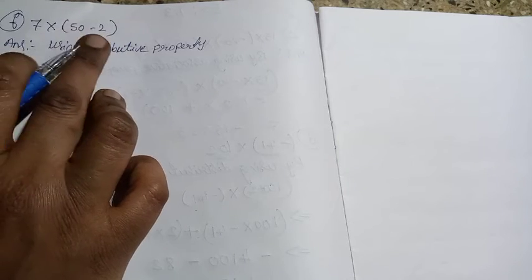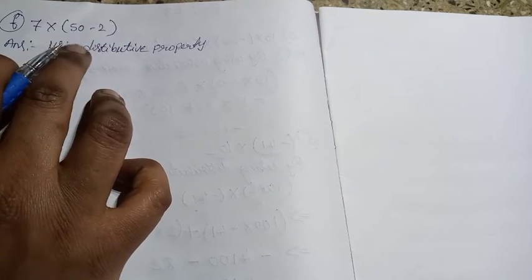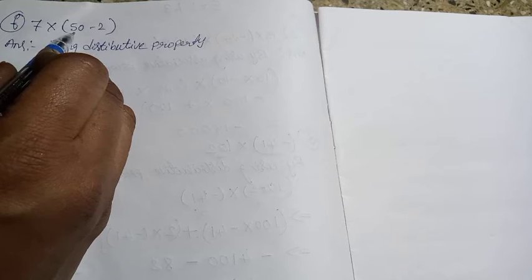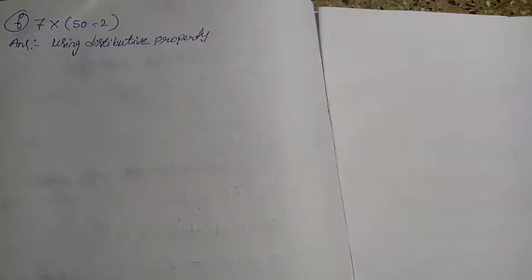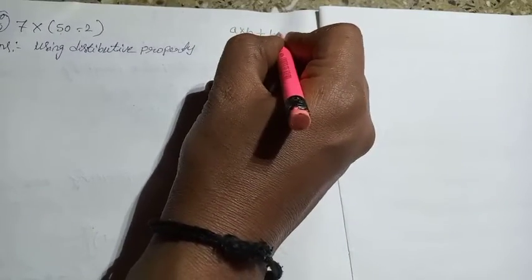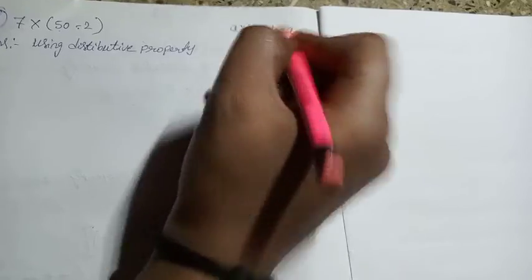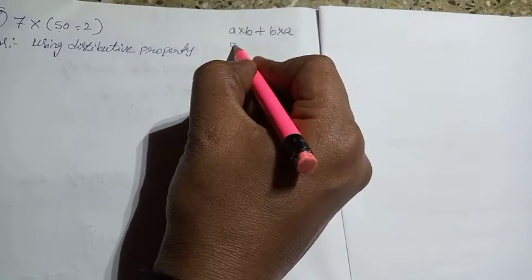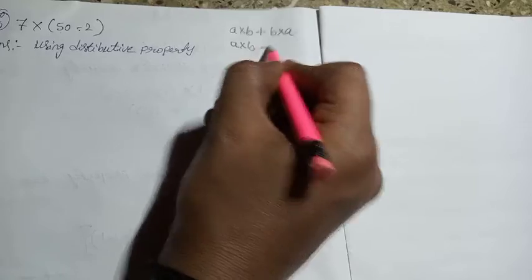Next sum. So here we are going to use the distributive property only. 50 minus 2, they only split and give it to you. What do we have to do? A into b. Here minus is there, so minus will be the answer. If plus is there, we take a into b plus b into a, or a into b. Here minus is there, so a into b minus b into a, like this.